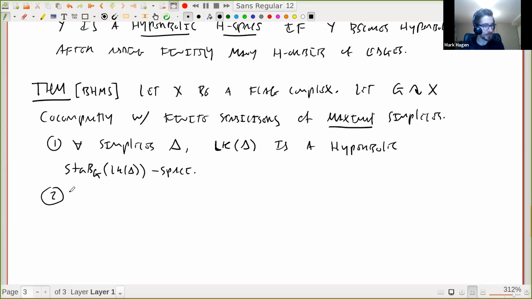And the other conditions: this first one you should think of as one of the main conditions. The second condition is also going to be one of the main conditions, and the other 2 conditions are probably relaxable. This says that the link of delta includes into a certain subcomplex of X, so I'll write it and then I'll say it.